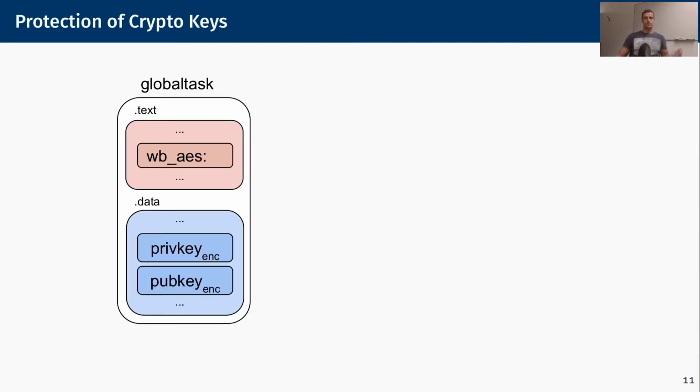And we found that global task is using a white box cryptography scheme, and the ciphertext of both keys are basically part of the data segment of global task. And every time a request arrives that makes use of some loading functionality, these keys are decrypted on the fly.